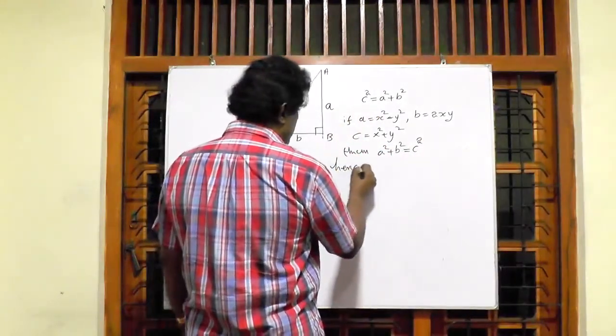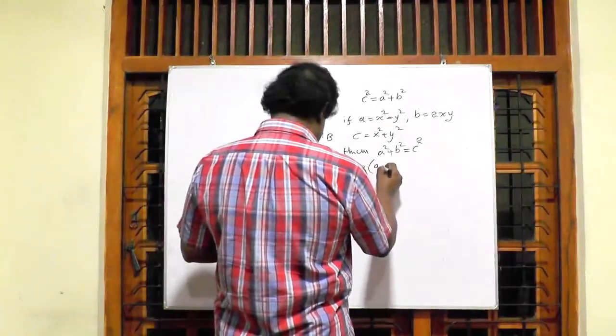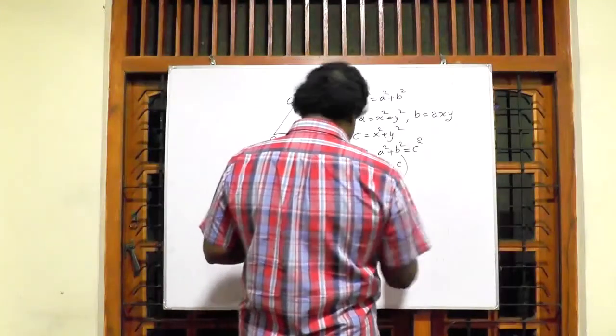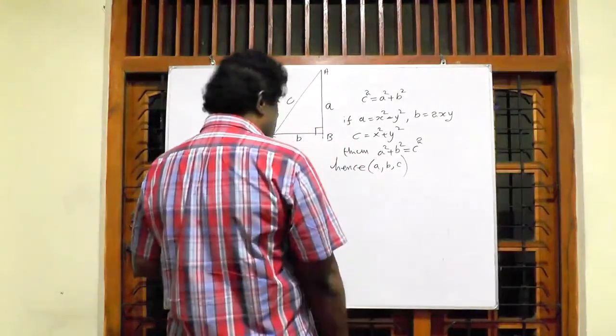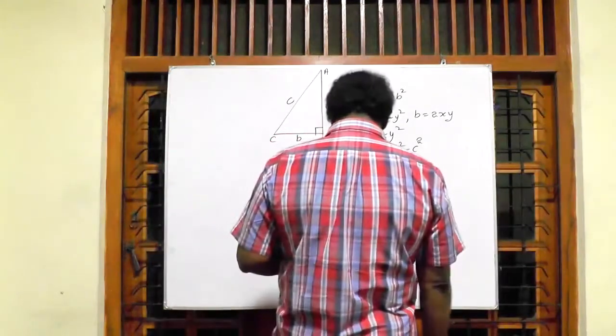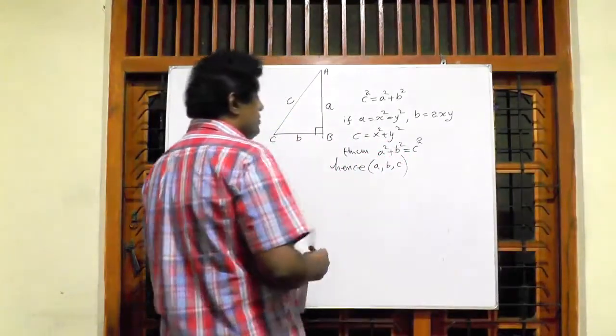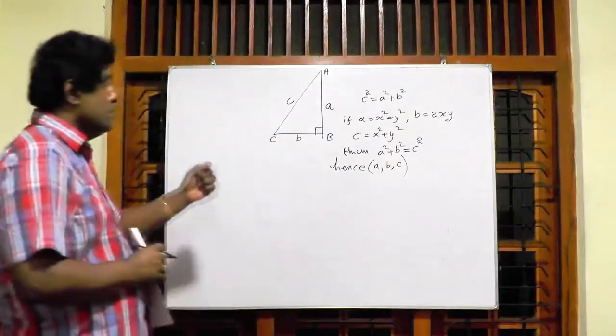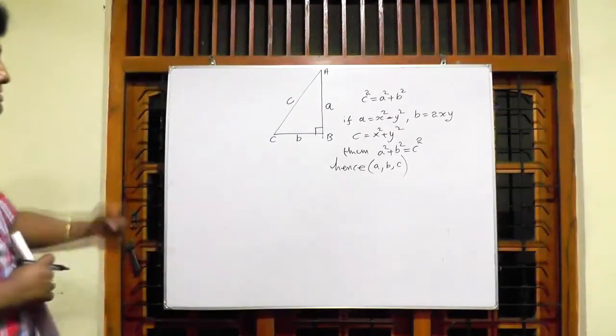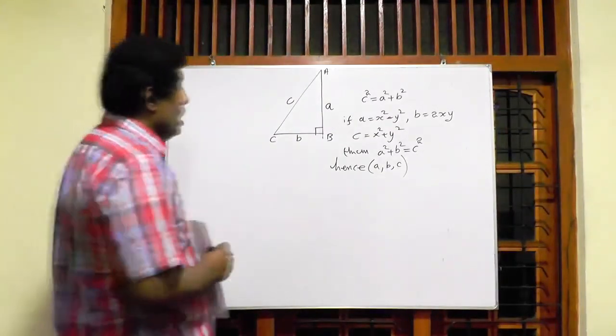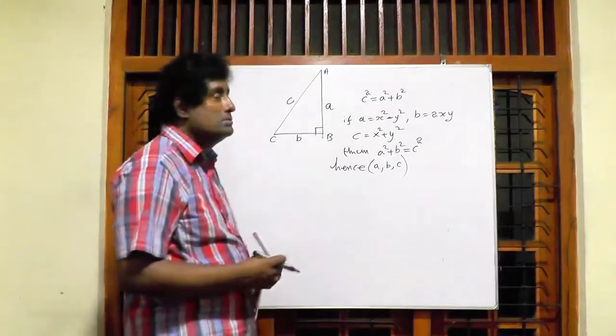Hence, A, B and C is a Pythagorean triple. A, B, C are the values of Pythagorean triples.